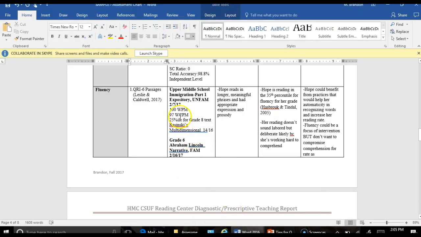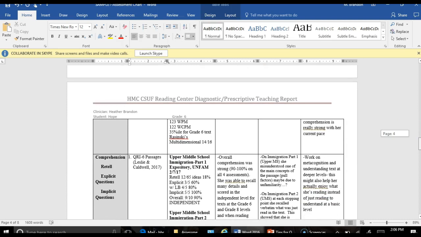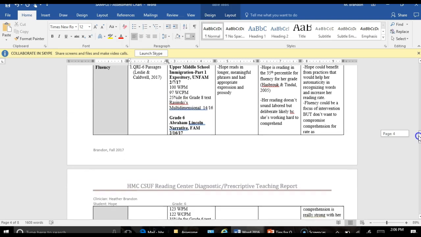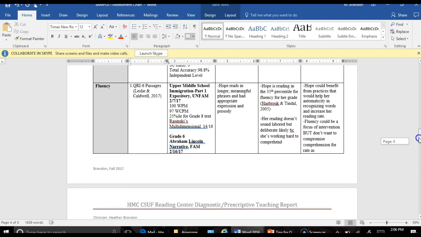So for the upper middle school, she had a 25th percentile, whereas for the 6th grade, she had a 35th percentile. So that one had a faster rate. I'm thinking this is definitely familiar, easier for her to read, a little less complex of a text.